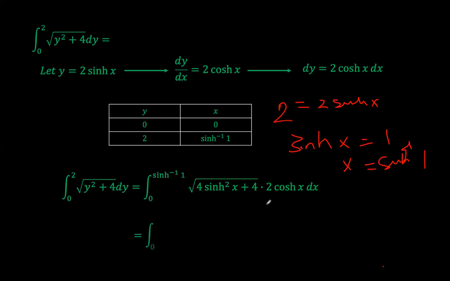And so this, we can pull the 2 out, square root is 2, and sinh squared plus 1 is the same as cosh squared, square root, we have cosh x. And so this is what we get, right?